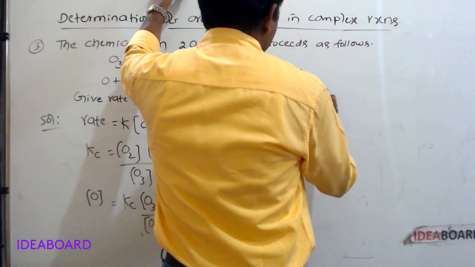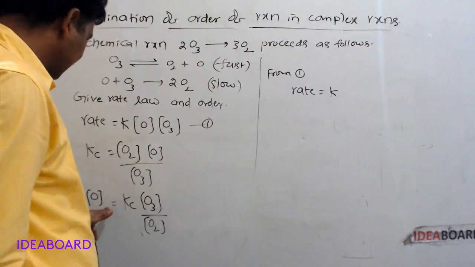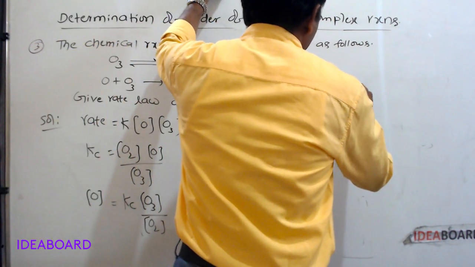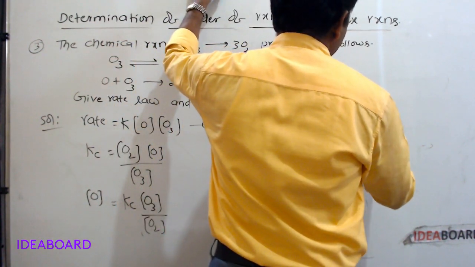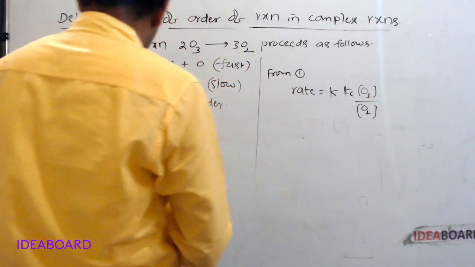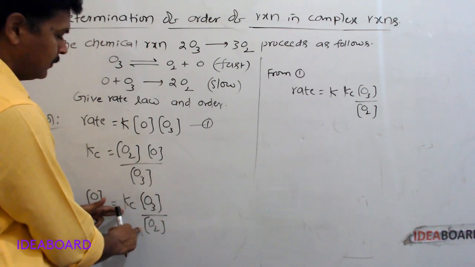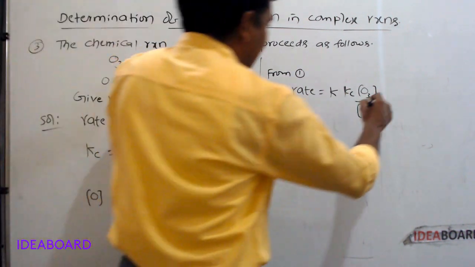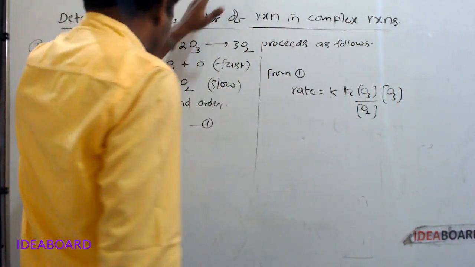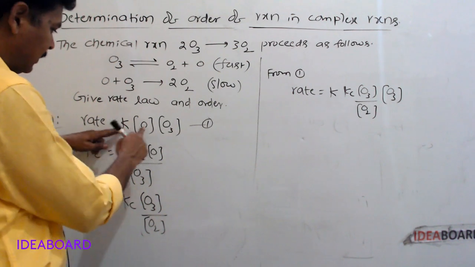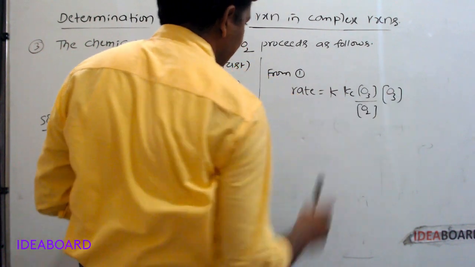From 1, rate is equal to K into, instead of O concentration, we can write Kc into O3 concentration divided by O2 concentration, into O3 concentration.